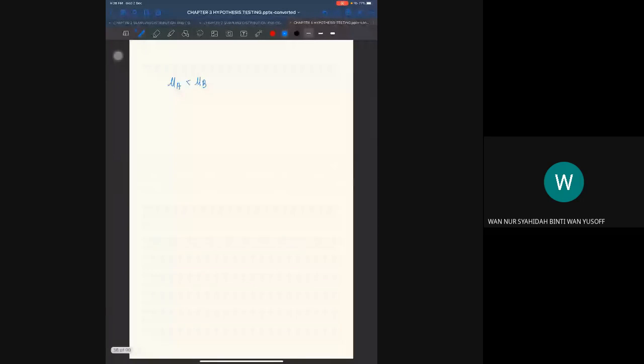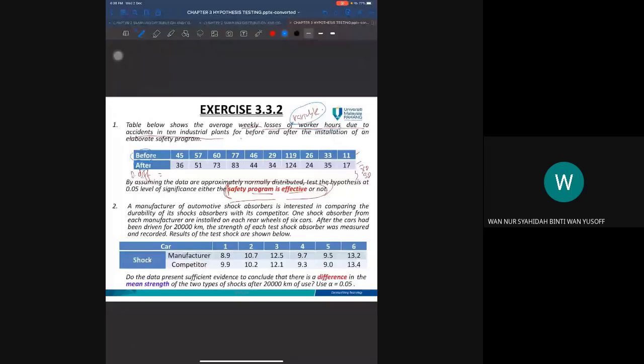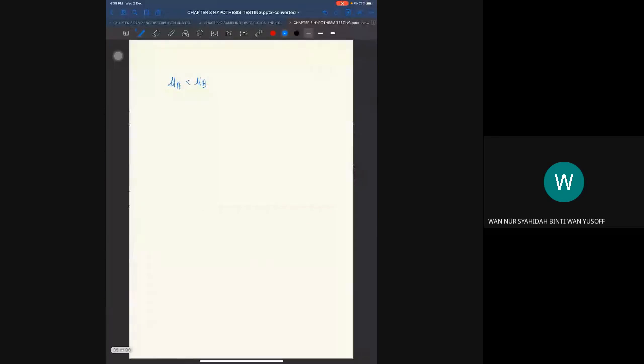So we have mu A less than mu B, and based on this question we cannot find the population mean, so it is equal to 0. From here we can write mu A minus mu B less than 0.